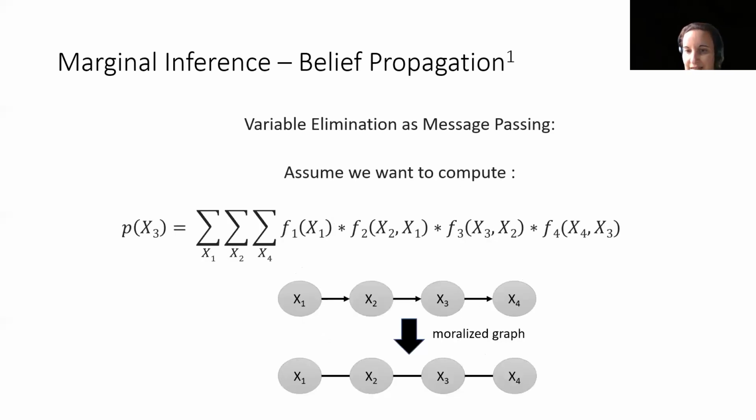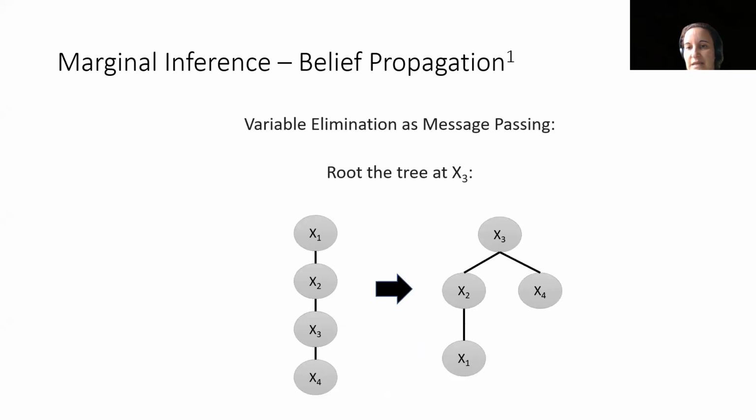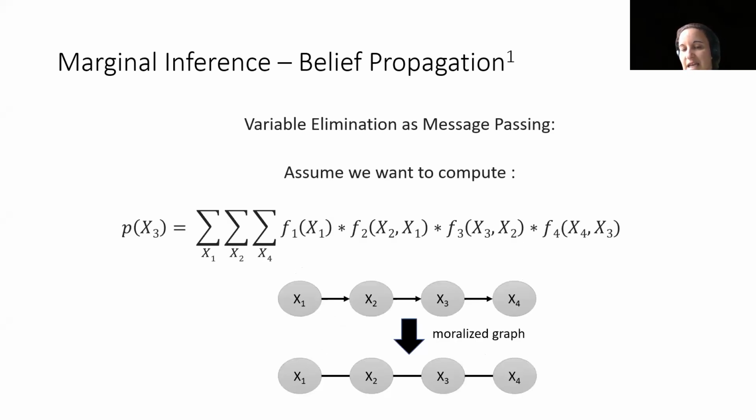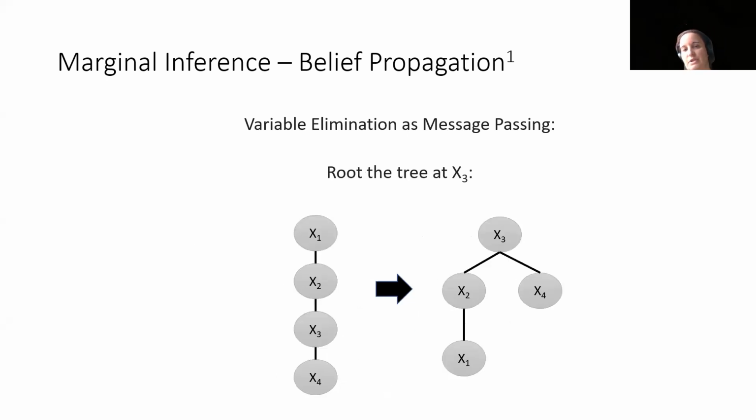So once we have that, creating the tree was simple because, as we said, every chain can be described by a tree by choosing one of the nodes as the root. And I chose x3 because it was a specific choice: I wanted to create the marginal probability on x3, so I had to marginalize everything else.